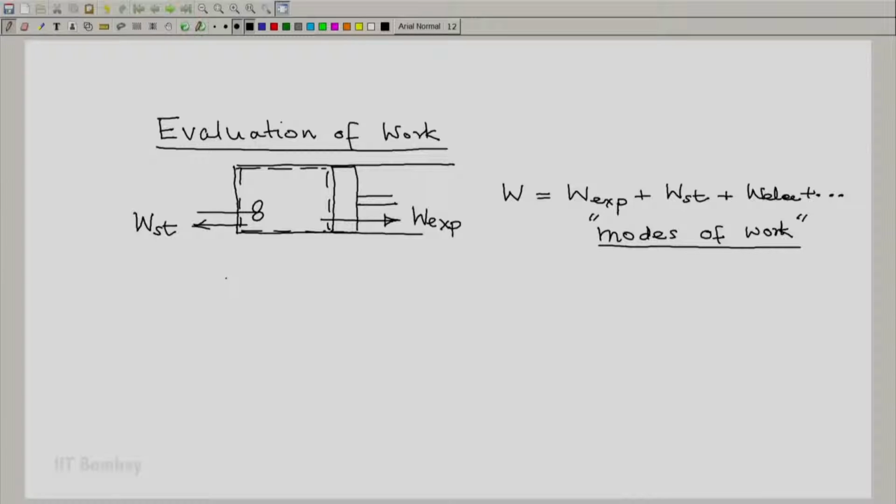Now, since we have seen the elementary work interactions and we can sum them up, we have seen the various components.